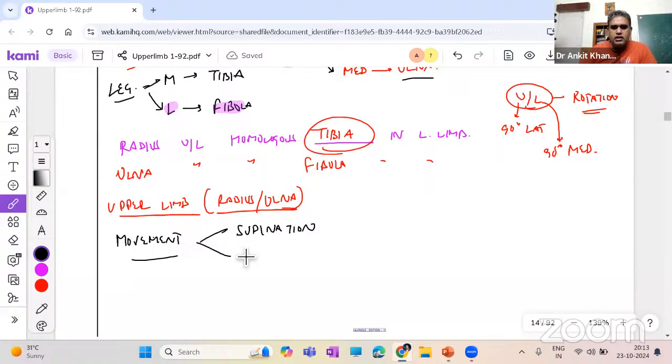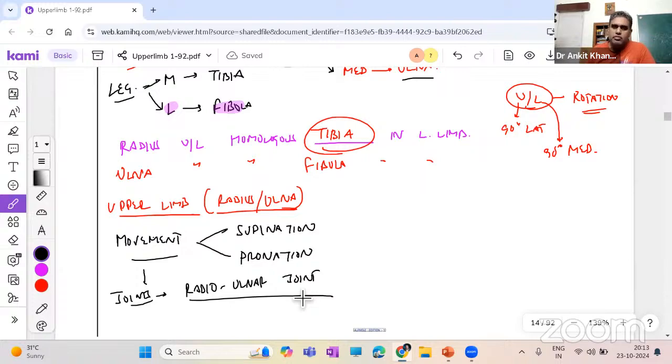What is that known as? Supination and pronation. This movement basically occurs at the radio-ulnar joints, the joints between the radius and ulna. That is also an important differentiating feature of the radius and ulna compared to the tibia and fibula of the lower limb.